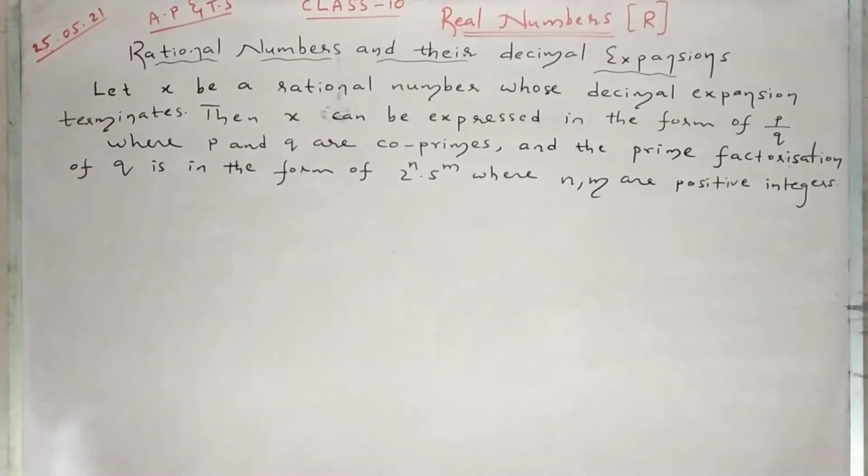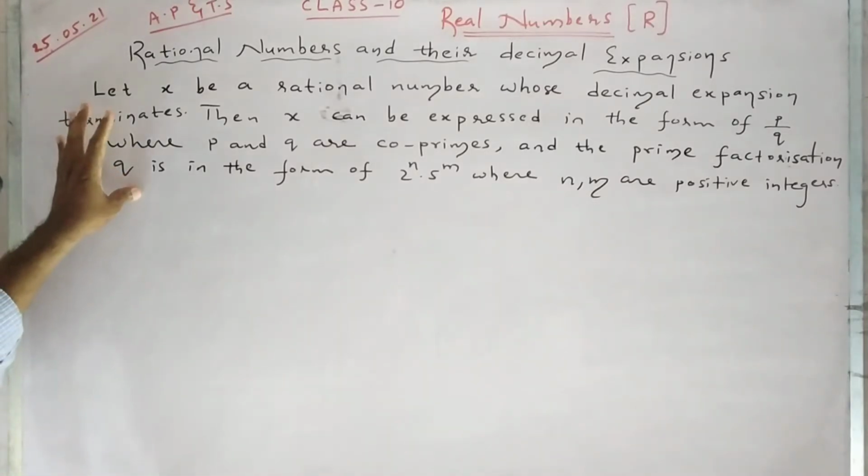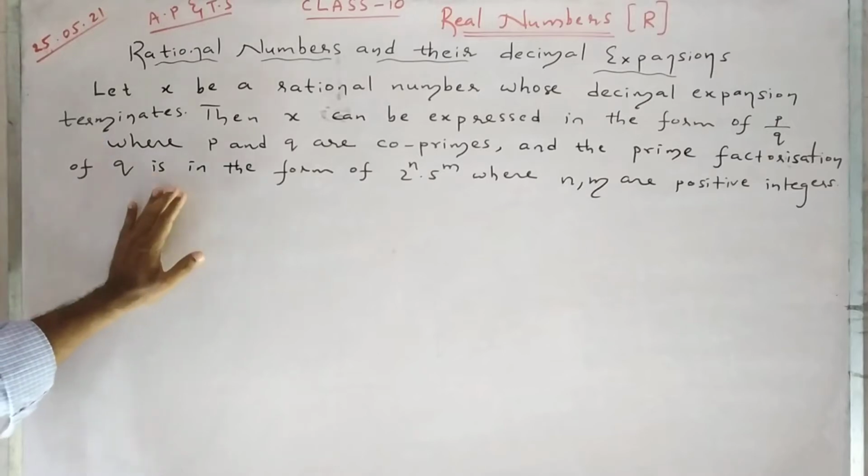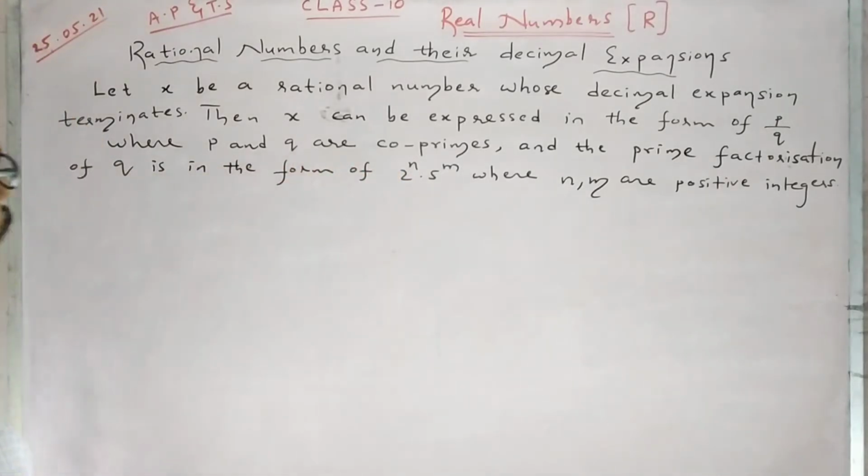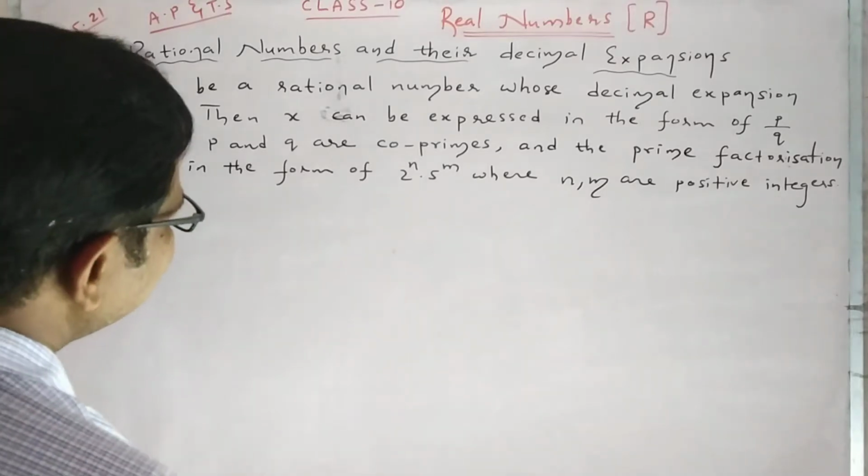Let x be a rational number. Take a rational number. That rational number terminates if the denominator is of the form powers of 2 and powers of 5 only. There should be no other number.